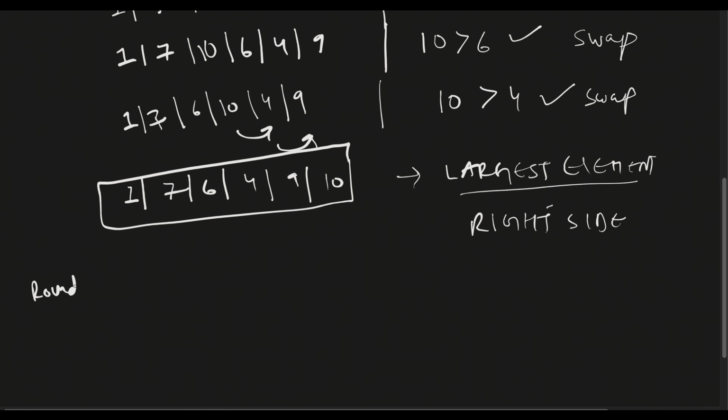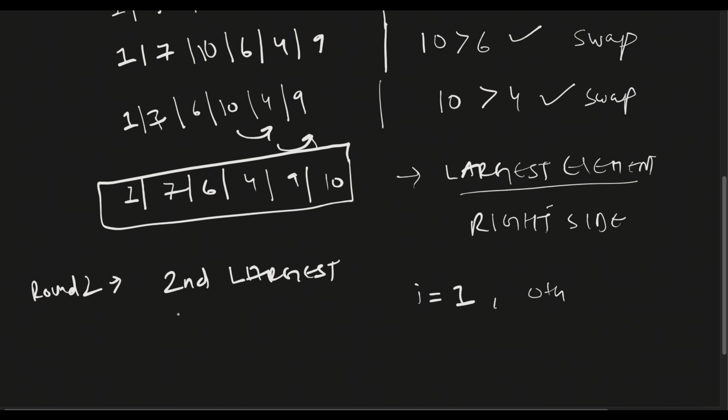Next, in round 2, I will be comparing and finding out my second largest element. Now my index is 1, earlier I had 0. In each and every round I will be incrementing the index of my loop.